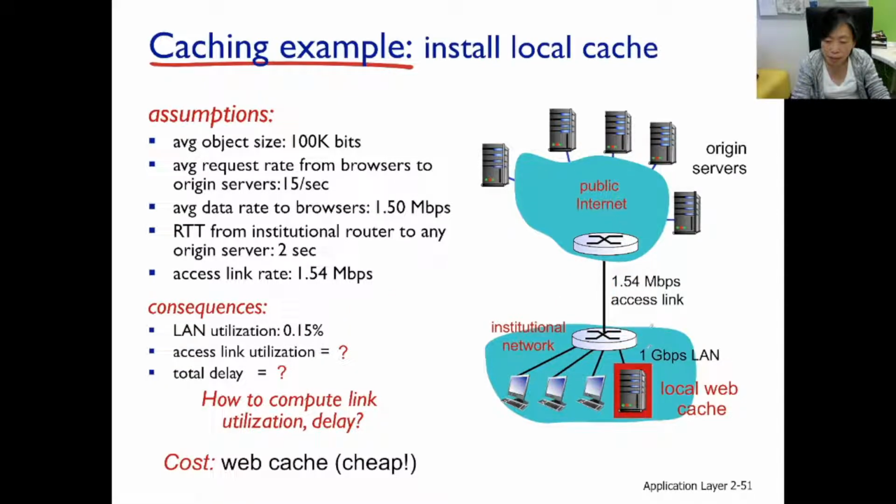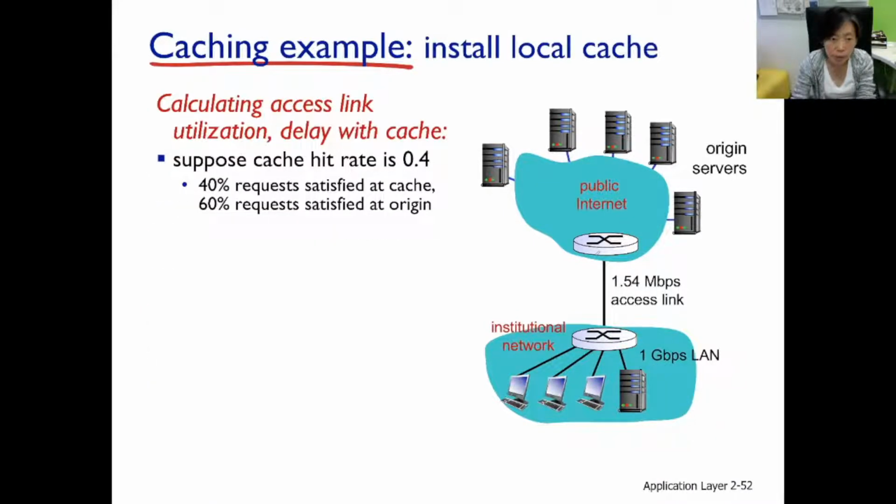So that is this thing called the hit rate. The proportion of requests being satisfied locally, that's the hit rate or the success rate. Let's suppose the hit rate is 0.4. Then 40% of the requests will just stay here. Only 60% go out and back. Great.